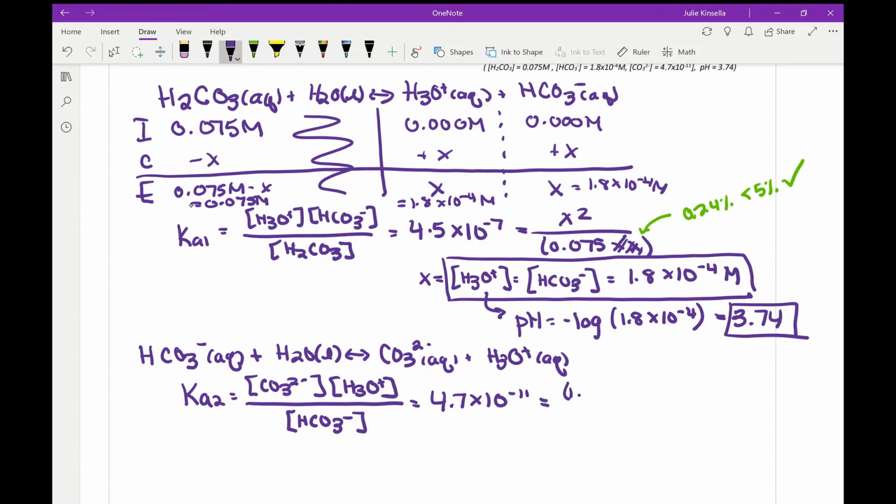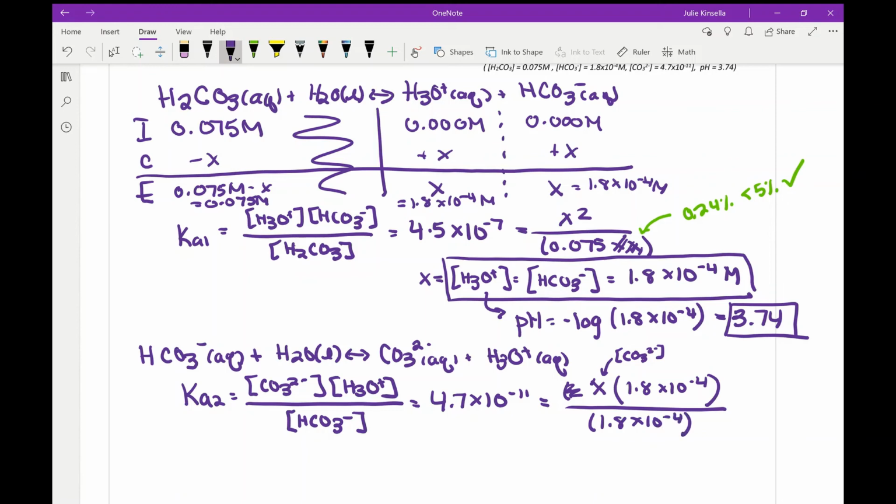We can fill in the concentration of the carbonate, or sorry, the hydronium. So actually I want to fill in here X. Okay, and that X is our concentration of CO3. And then our hydronium we're going to use from our first ionization. And then we're going to use that same concentration also as the HCO3 anion's concentration, so 1.8 times 10 to the negative 4th.